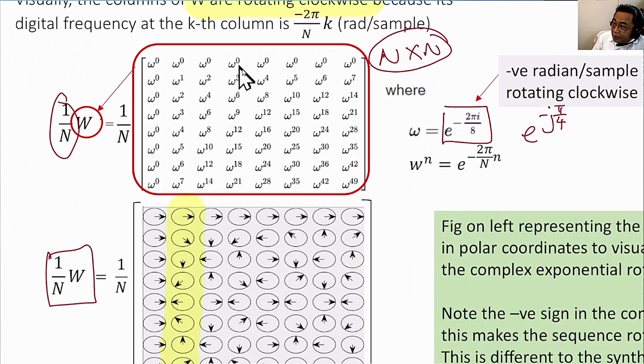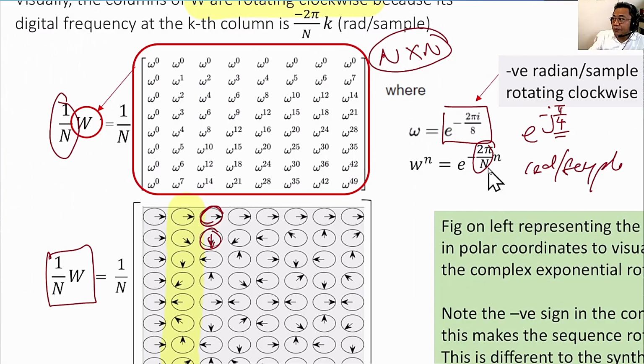This column, W0, which we will start off with here, W2 means that it will move by 90 degrees because it's 2 times 45 degrees. So now you understand that in this notation, the omega is radian per sample. How many radians is it moving at every sample?